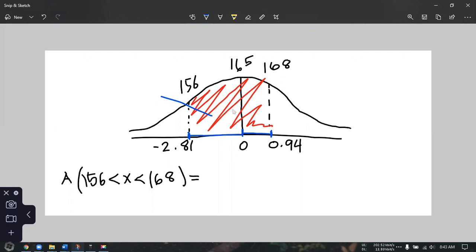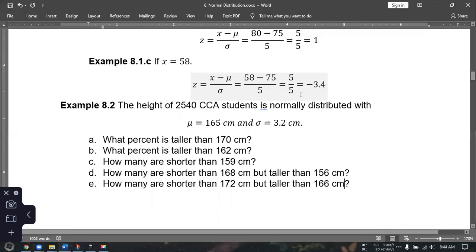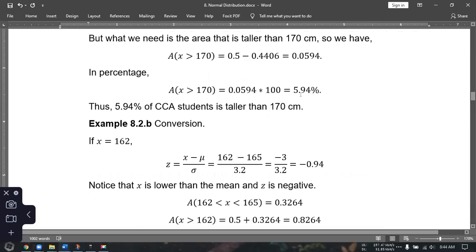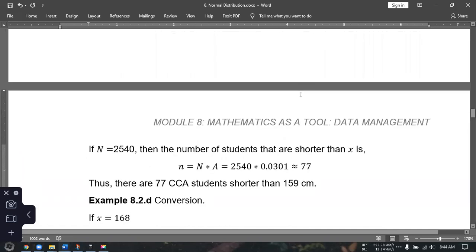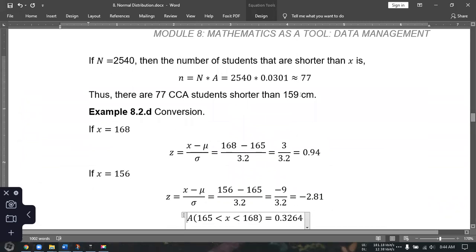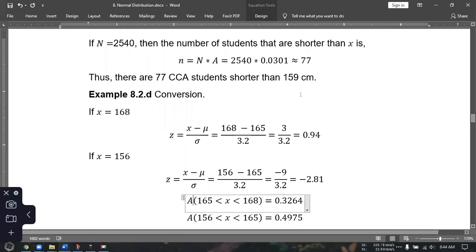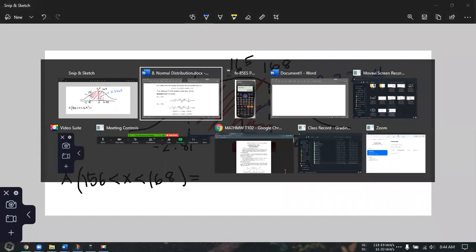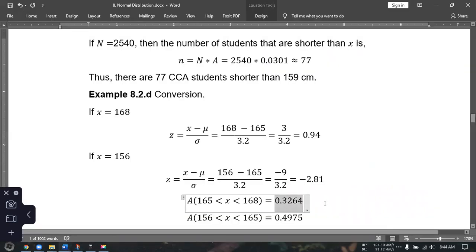So we can just use negative 0.81, and this is the area from 165 to 168: 0.3264. 0.34. This is 0.4975.